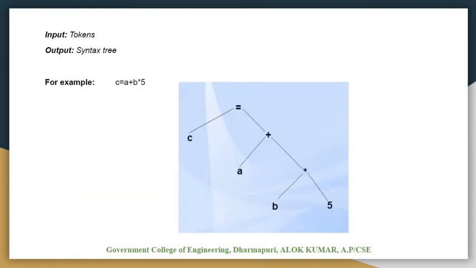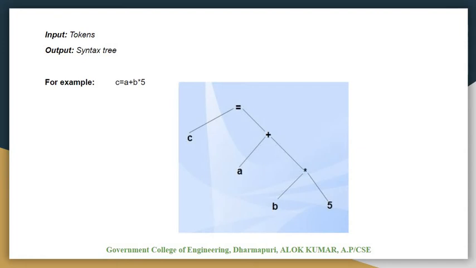For the syntax analysis phase, the input is tokens and the output is a syntax tree. Suppose we are taking one example, C equals A plus B into 5. Here is the syntax tree. Equal to, on the left hand side C is there and on the right hand side A plus B into 5.